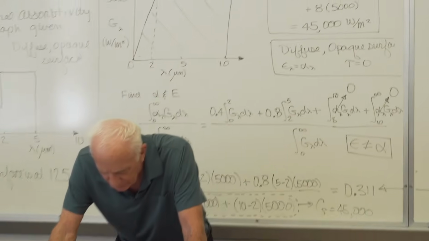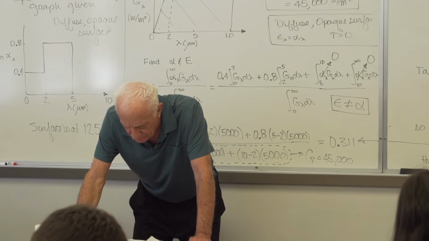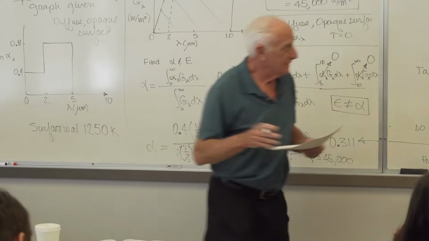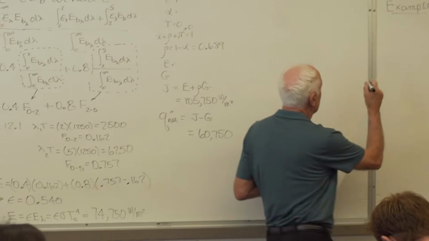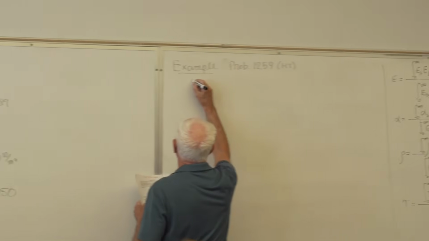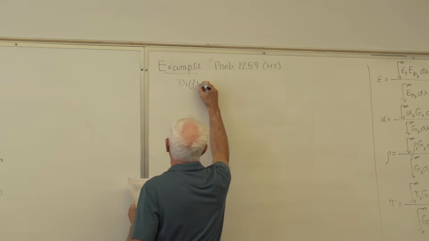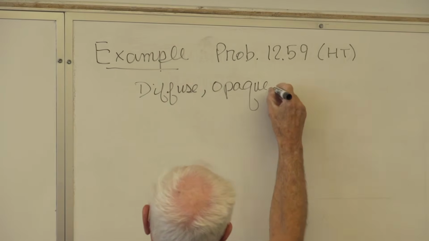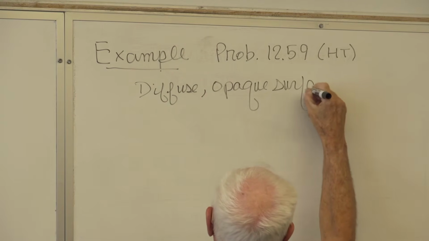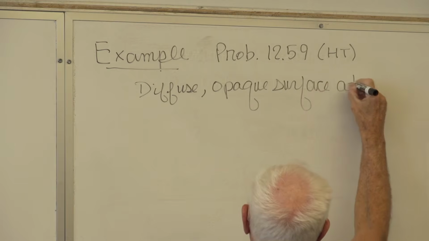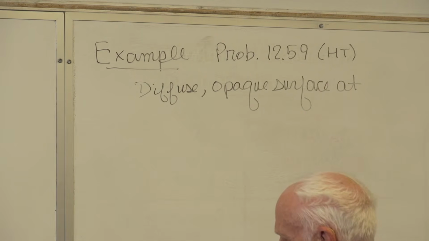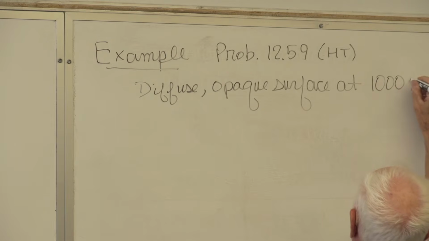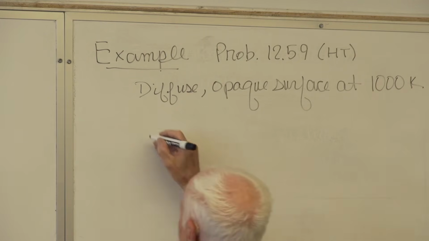The spectral emissivity of an opaque diffuse surface is shown below. So it's an opaque diffuse surface at 1,000 K. And here's what he gives us.